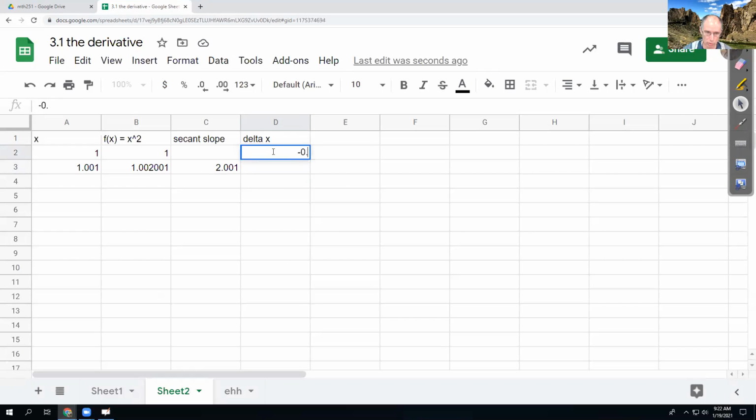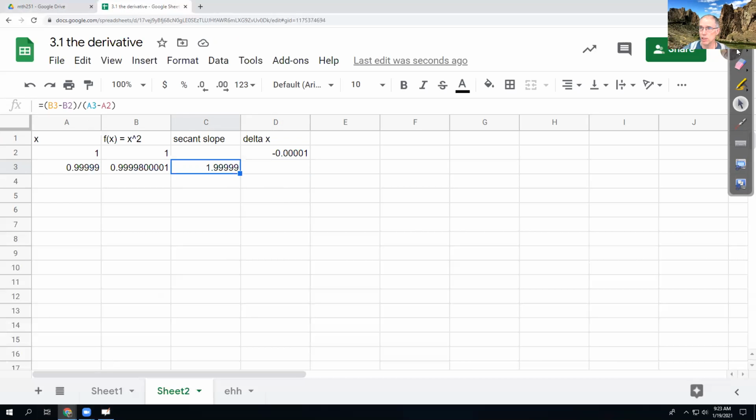So negative 0.001 should be 2 plus negative 0.001, which is 1.999. So the smaller delta x gets, it looks like we're getting closer to 2. So if I go in here and sneak in a couple more zeros, I'm getting closer and closer to 2 for that slope. So that's the observation we're making.